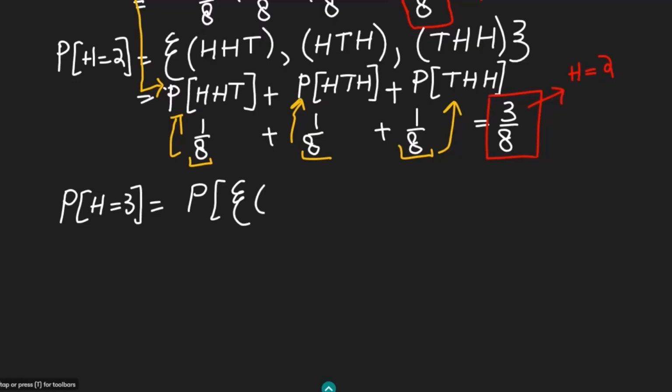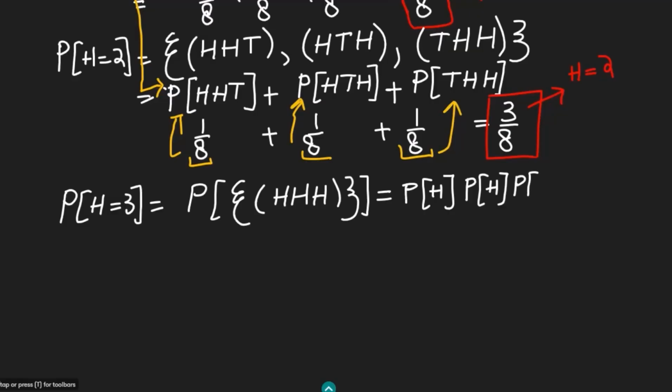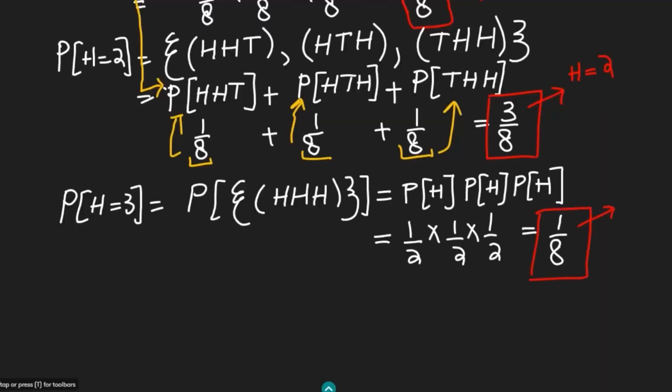In order to find the probability, I have to use probability of heads multiplied by probability of heads multiplied by probability of heads. Writing their probabilities, I will get 1 by 2, 1 by 2, 1 by 2. So here I will get 1 by 8, and this is for heads equal to 3.